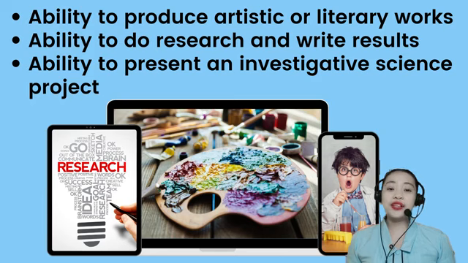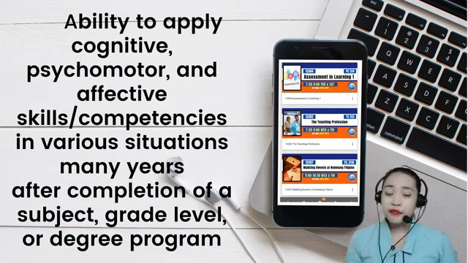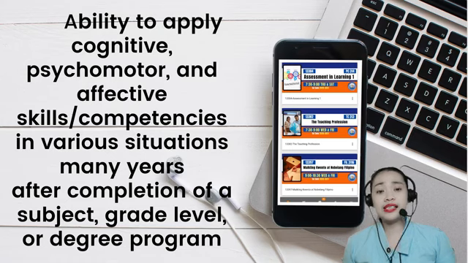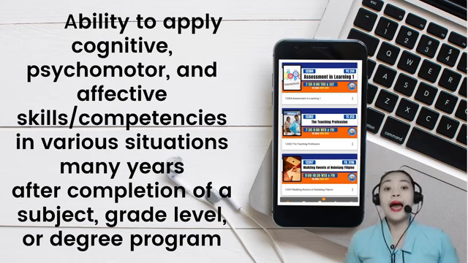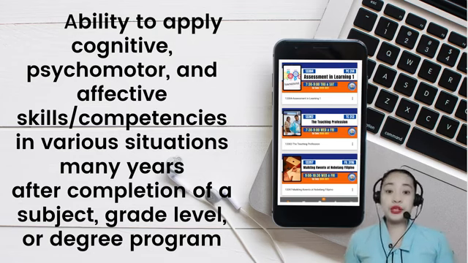So those are examples of immediate outcomes. While deferred outcome is the ability to apply cognitive, psychomotor, and affective skills or competencies in various situations many years after completion of a subject, grade level, or degree program.